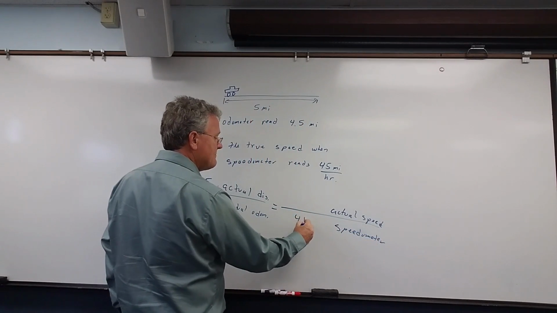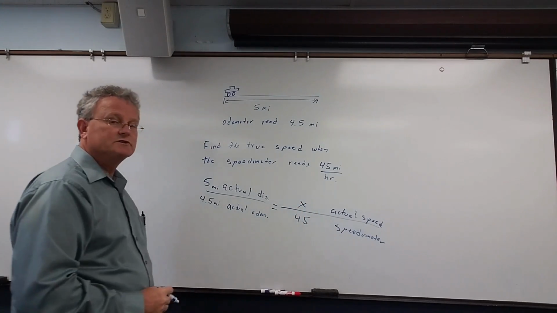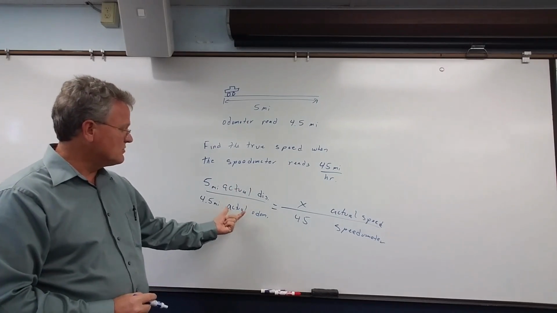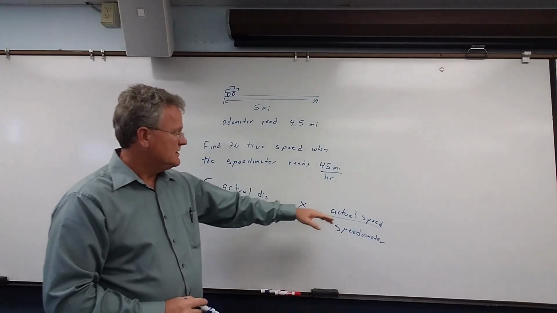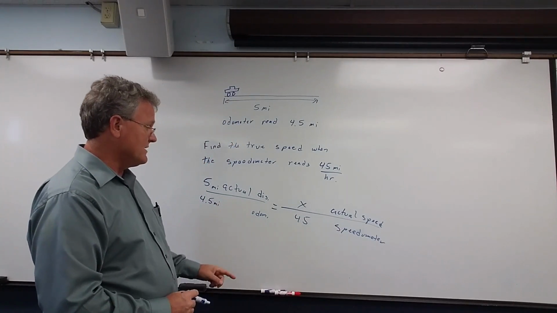When the speedometer is 45 miles an hour, we want to know what is the actual speed. So again, we keep the actual distance over the odometer, the actual speed over the speedometer. That's probably a better way to think about it.